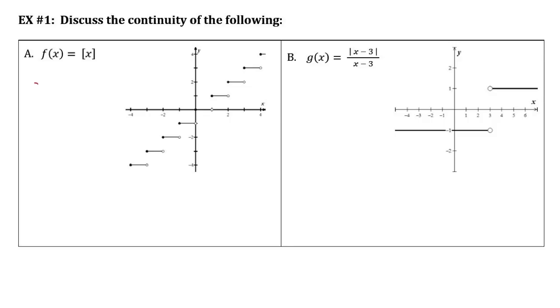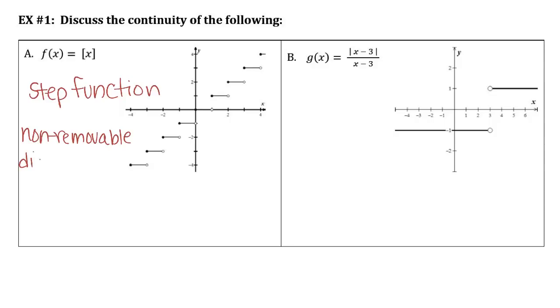This is called a step function. And you see this more whenever you're talking in business finances. Maybe when you talk about different kinds of interest rates and such. This is a non-removable discontinuity.